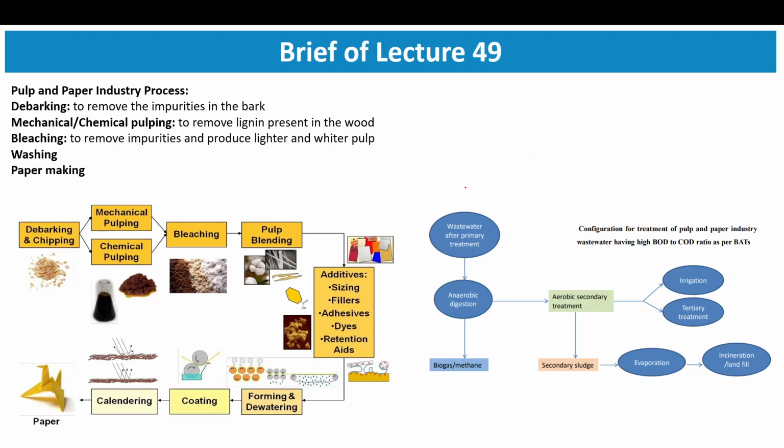So in that case, you provide anaerobic digestion instead of direct aerobic digestion to that wastewater, so that in the absence of oxygen, the degradation happens to generate biogas and methane, and later you provide aerobic digestion, and whatever sludge is obtained, you can send it to landfill sites.